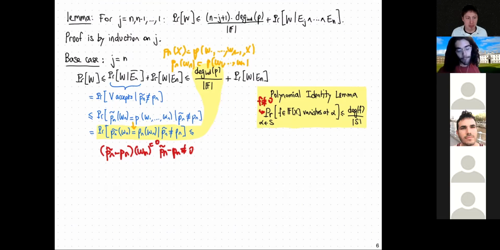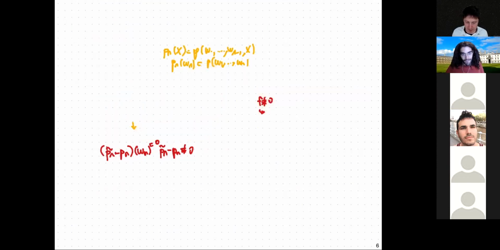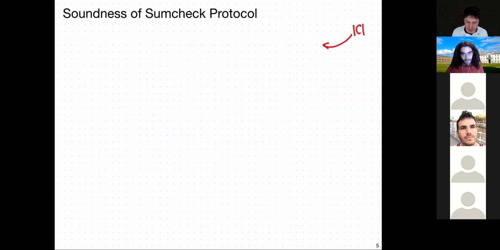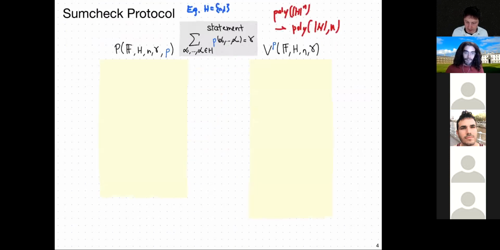How does the verifier know what the degree of the polynomial should be? It is given as an input, and I should have written it explicitly in the inputs. Maybe let me go back over here.